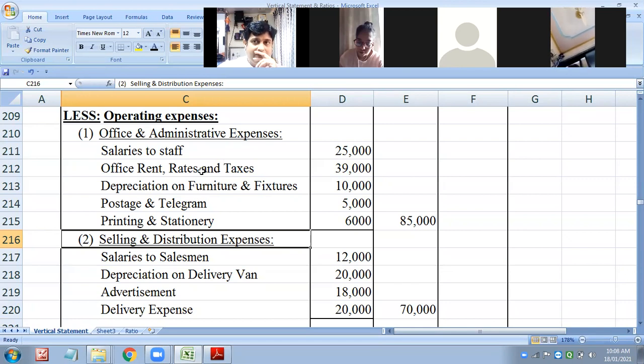Which format are you referring to? Can you get me those formats of cost sheet? I don't know which format, but the one in the textbook.